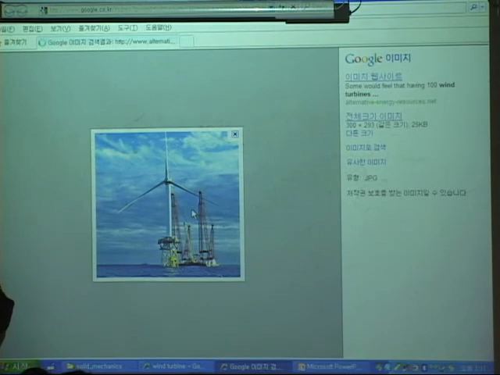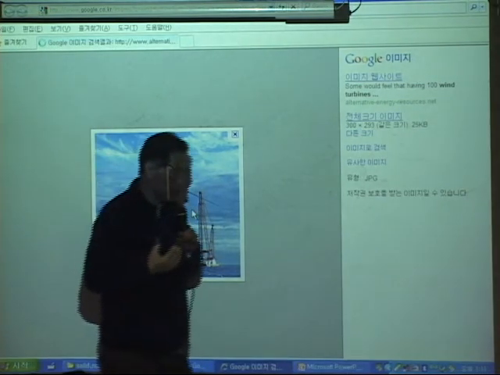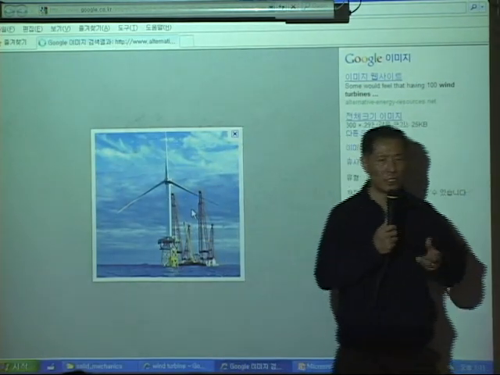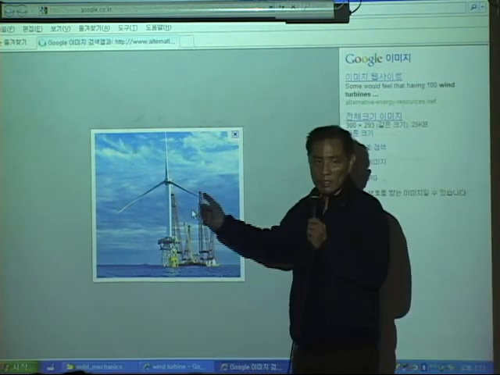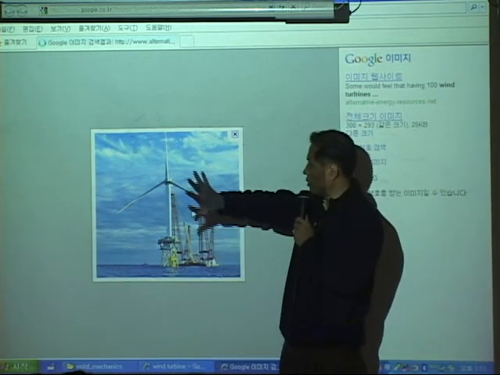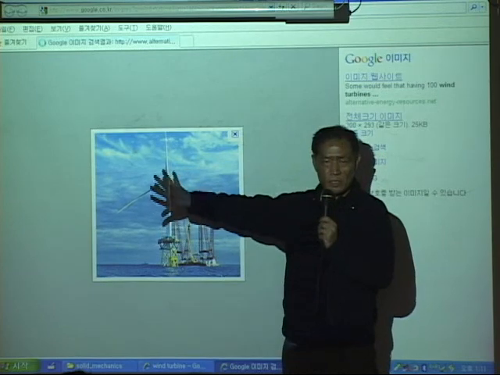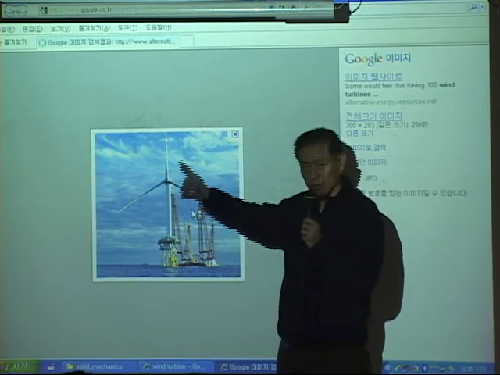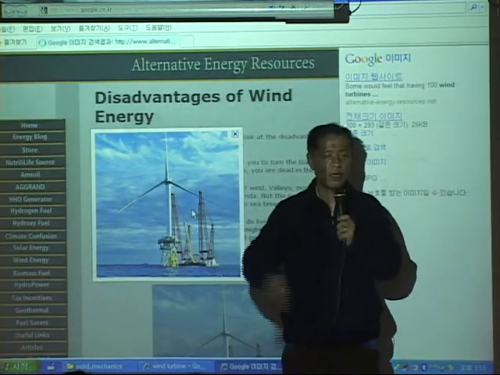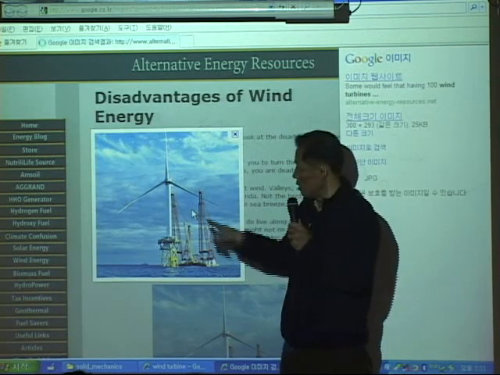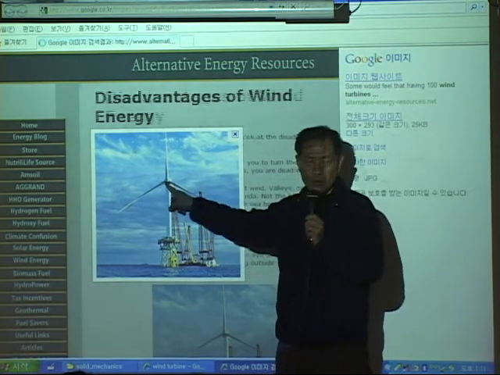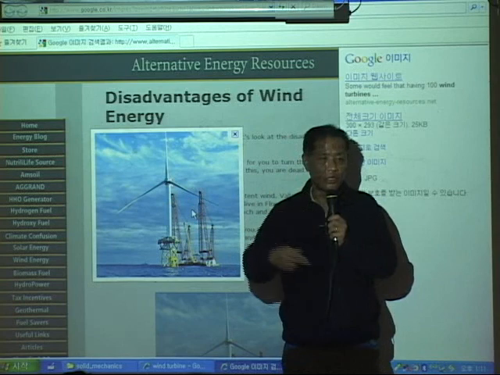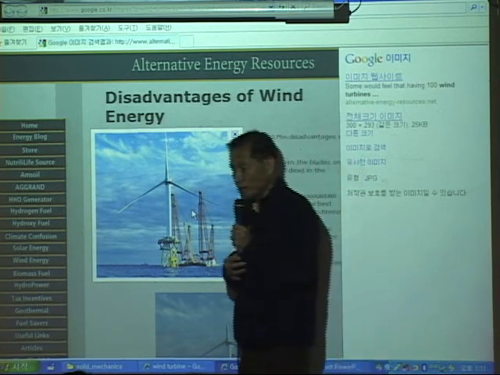These wind energies can be converted into electric energy by using this blade. When wind blows into this blade, the blade will certainly rotate, and that rotation will rotate a generator behind it, and that generator will generate electricity.